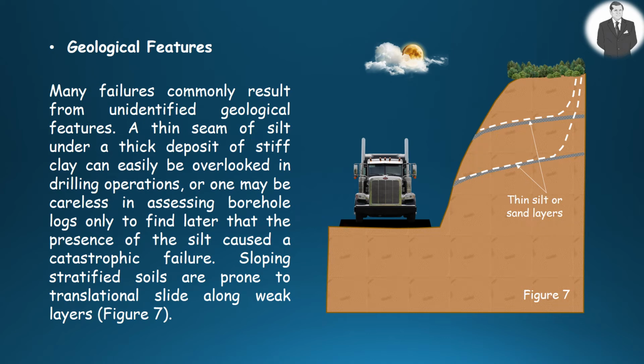Lots of slope failures are commonly due to unidentified geological features. A thin layer of silt, as illustrated in the figure, under a thick deposit of clay can easily be omitted during drilling operations, or one may be careless in evaluating borehole logs, only to find later that the existence of the silt caused a destructive failure.